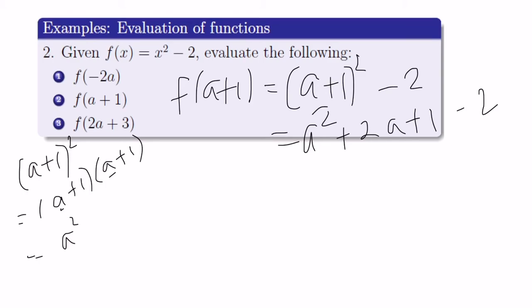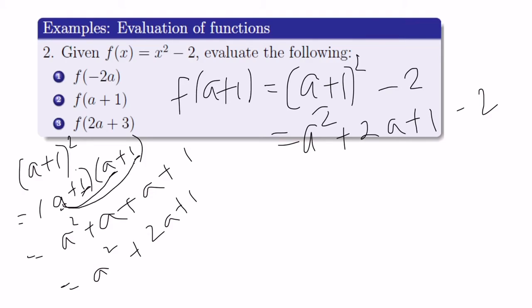A times 1, a. 1 times a, positive a. 1 times 1, 1. So that is why we have a squared plus 2a plus 1. It looks like a FOIL method.